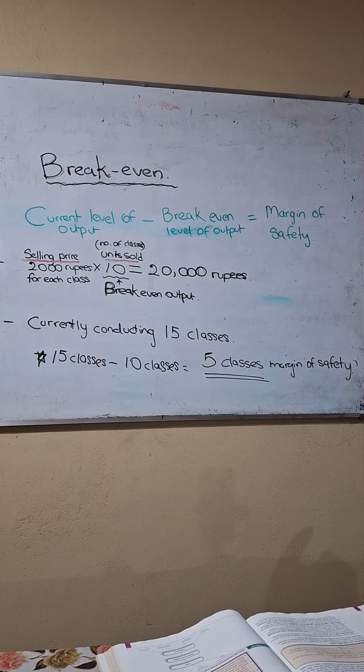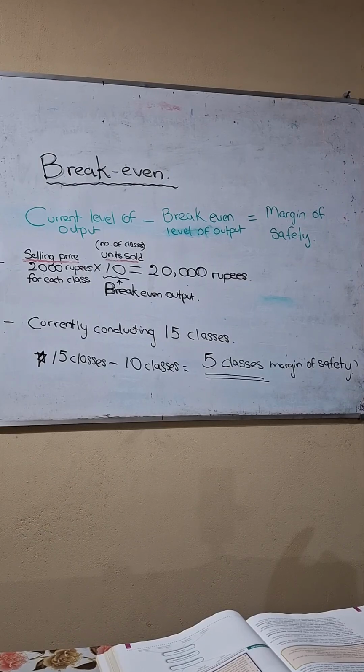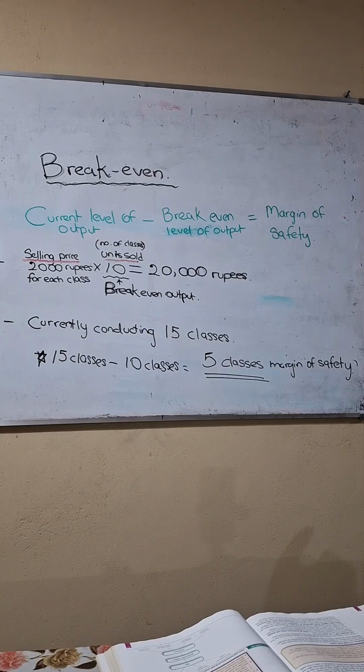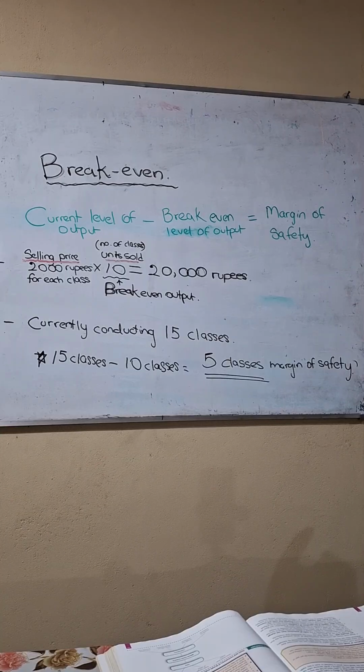Currently I am conducting 15 classes, but I'm at least supposed to conduct 10 classes. So what it really means is that if I have to give up on certain classes, I can only afford to give up on 5 classes, not anything more than 5 classes. With 5 classes, yes, I can still afford to pay off my bills without going into a loss. This is what you mean by margin of safety.